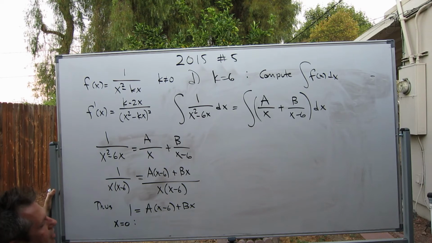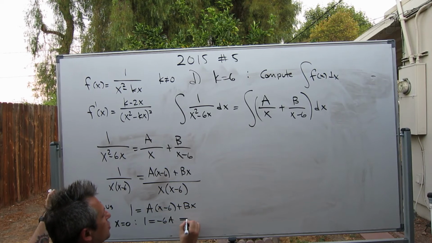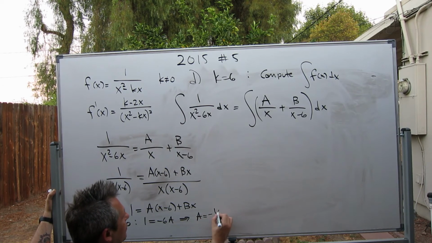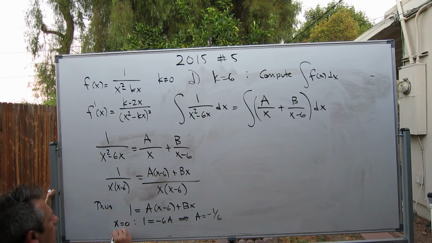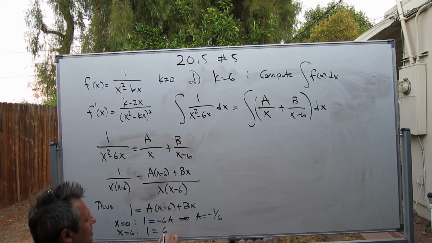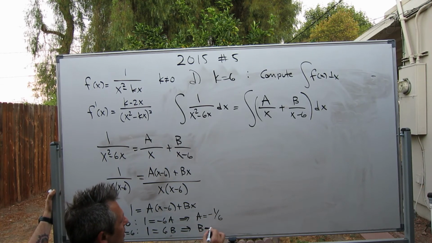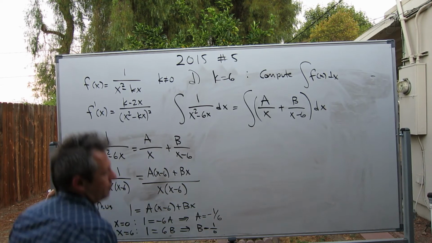If x equals 0, this equation becomes 1 equals negative 6a, which implies that a equals negative 1/6. On the other hand, if x equals 6, the a coefficient goes away and we're left with 1 equals 6 times b, which implies that b equals regular 1/6.